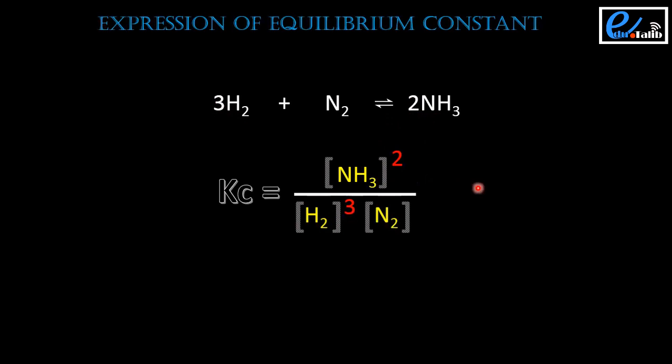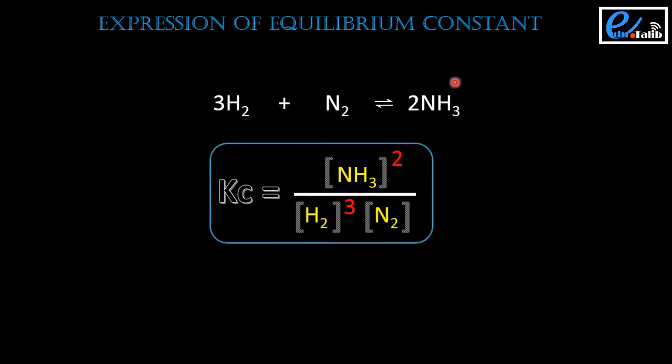So this is the method of writing when there is more than 1 mole in any chemical reaction. So this is the Kc expression for the formation of NH3 by this reaction.